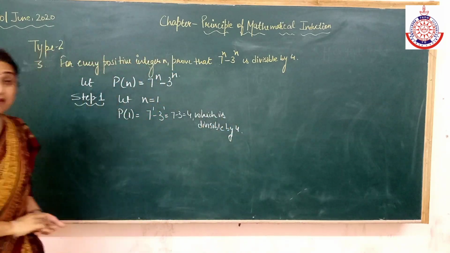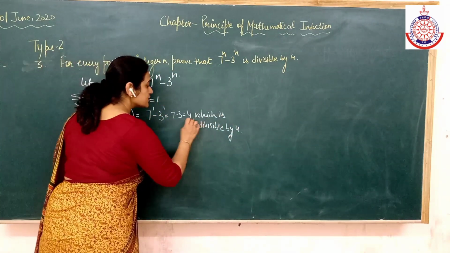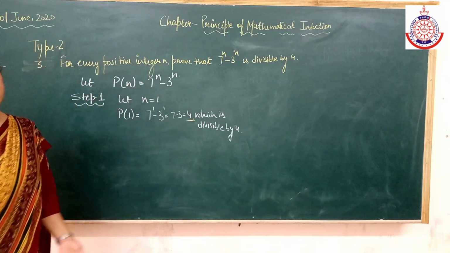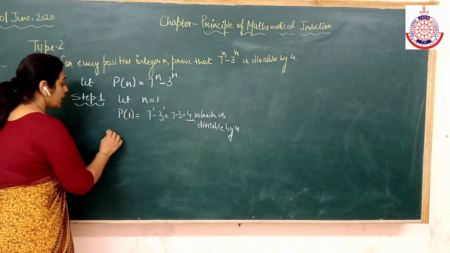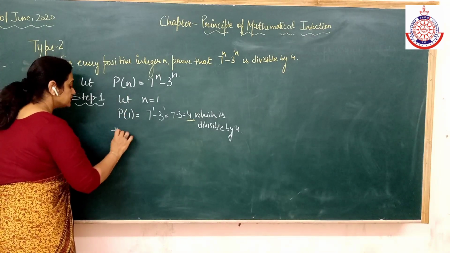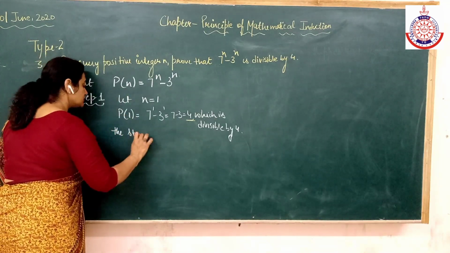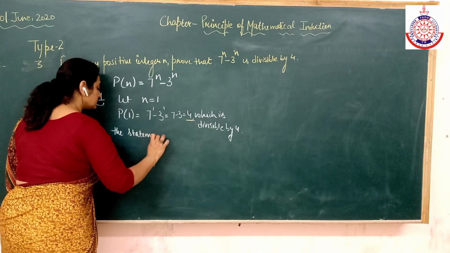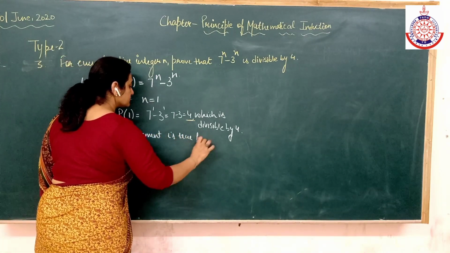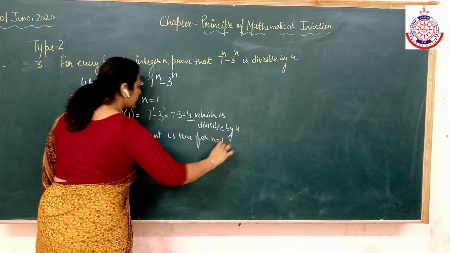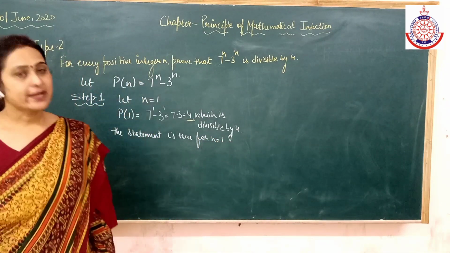This 4 is divisible by 4. That's true. Clear? So it means the statement is true for n is equals to 1. Or you can say P1 is true.